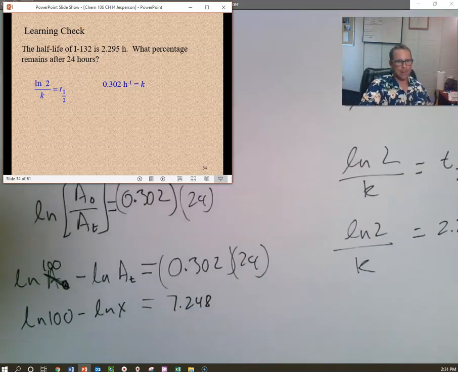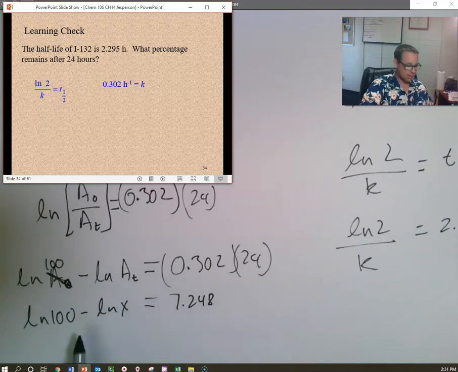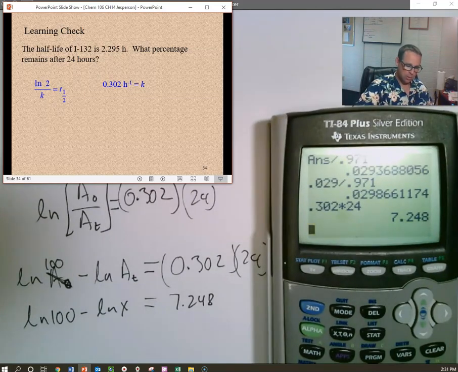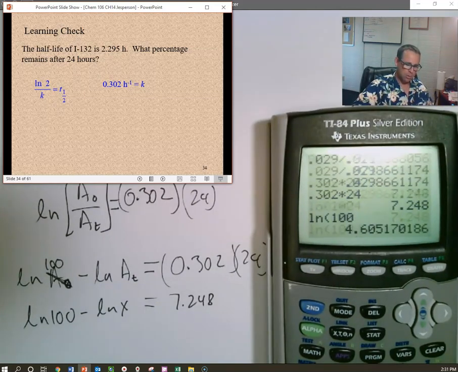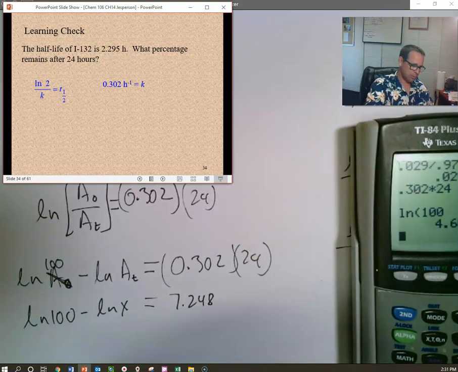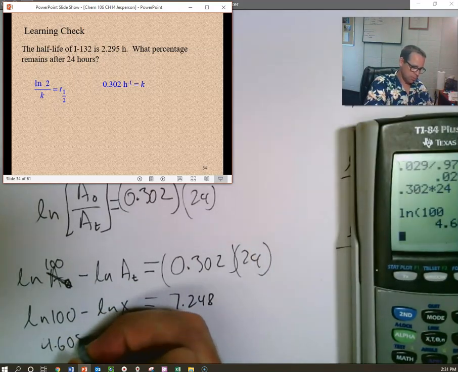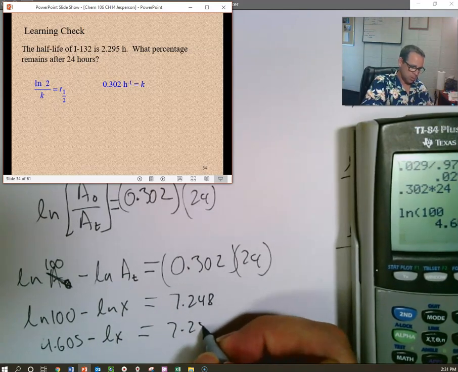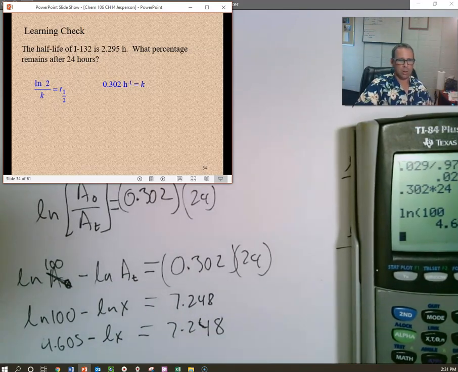Okay, and I made a mistake in the calculations last time because I took the natural log of 100. Let's do that first. Natural log of 100 is 4.605.